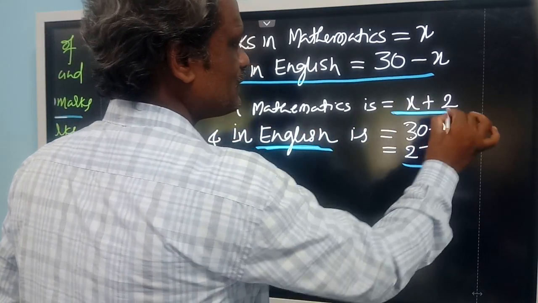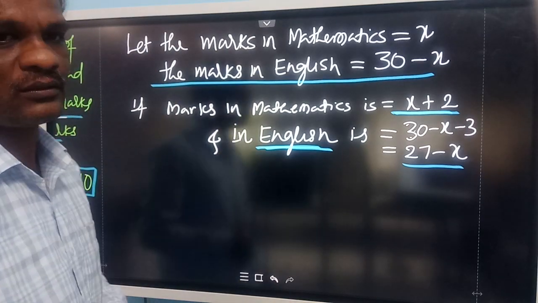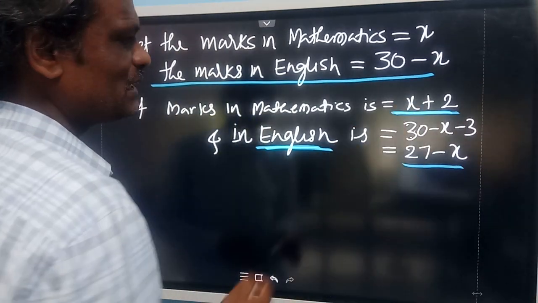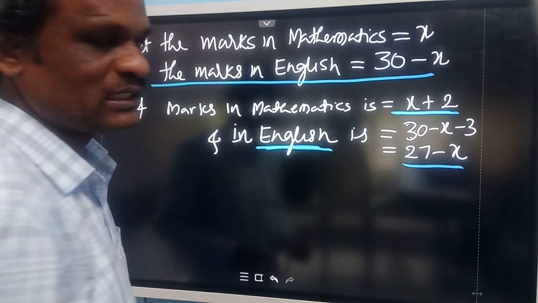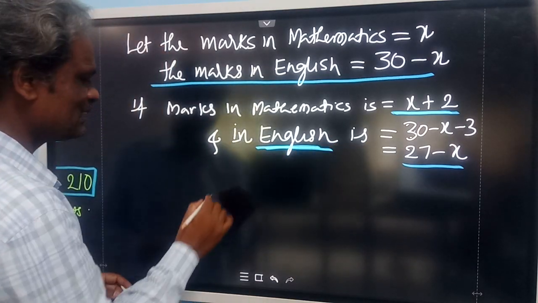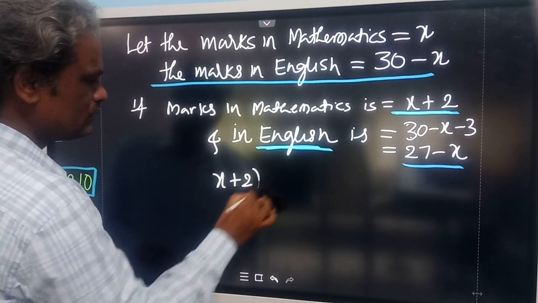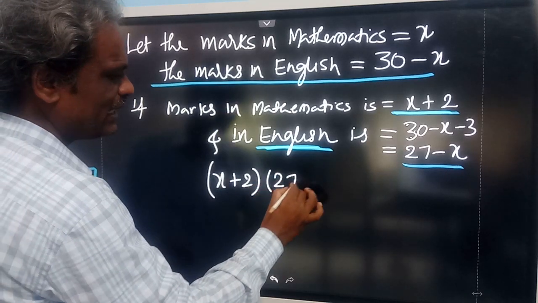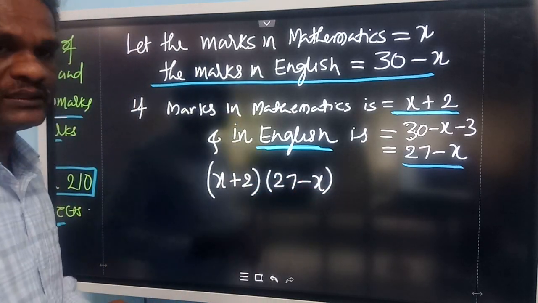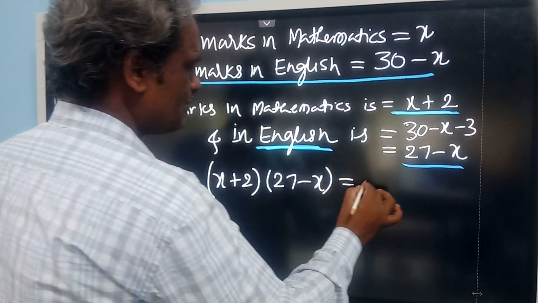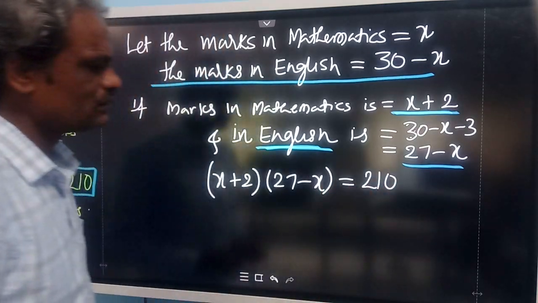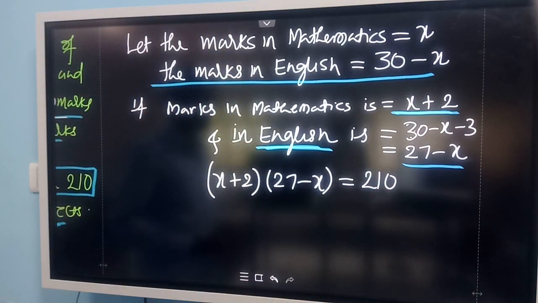If the marks in mathematics is 2 marks more, then it will become x plus 2, and English will become 27 minus x, and the product of the marks is given: x plus 2 into 27 minus x. The product of the marks would have been 210. This is the equation you are going to get.